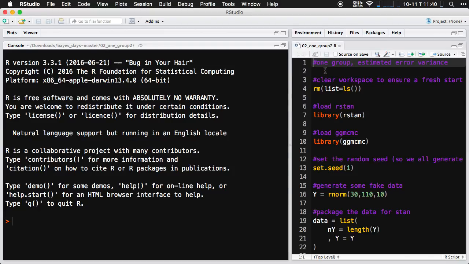So last day, the example we worked through at the end of class was this more realistic scenario where you have one group and you've got a generative model for the data such that you're uncertain about where the group's mean is, and you're also uncertain about how variable the group is.